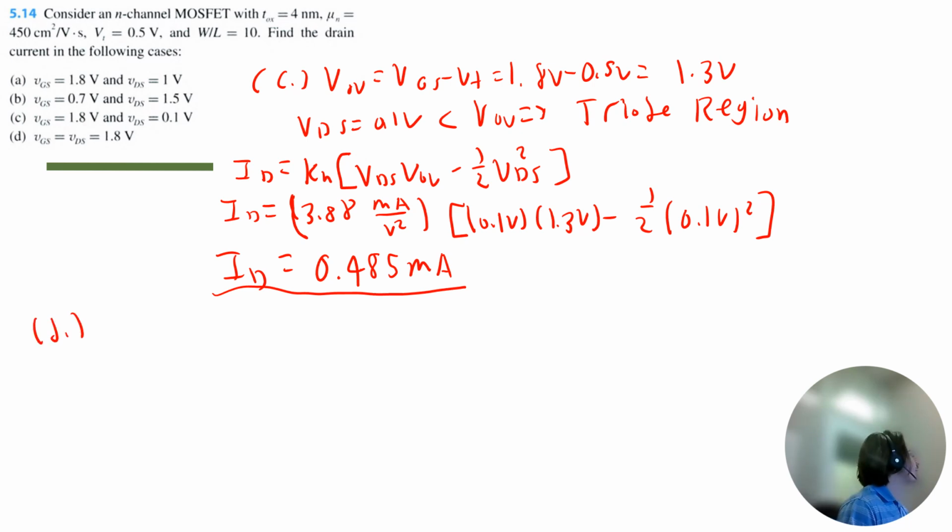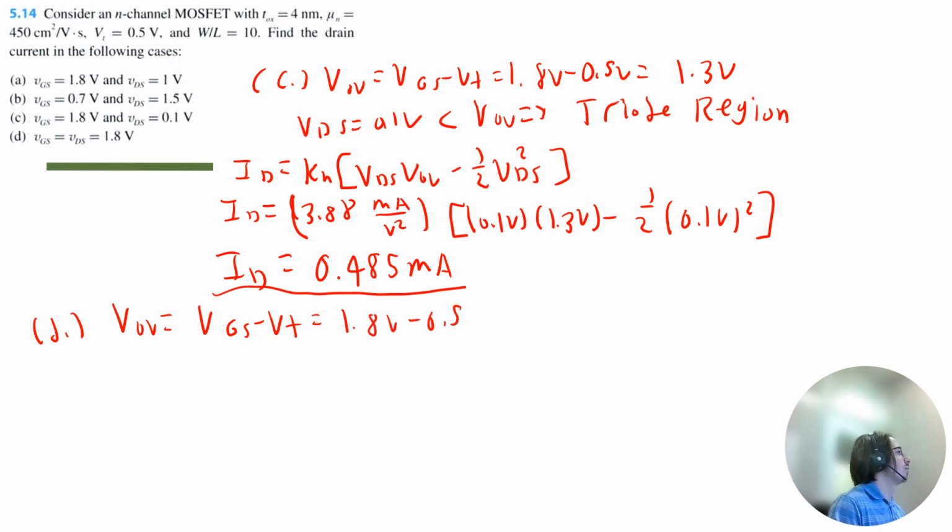Let's round it off with part D. V overdrive is equal to V_GS minus V_T. Once again, it's going to be 1.8 volts minus 0.5 volts, which is equal to 1.3 volts. Our V_DS is equal to 1.8 volts, which is greater than V overdrive. So we are in the saturation region.